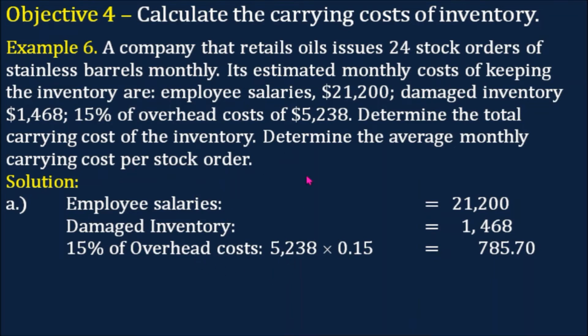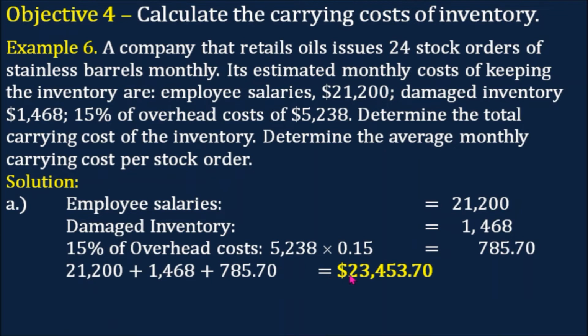Overhead cost here is $5,238, so that's 5,238 times 0.15, and that is equal to 785.70. Then adding these amounts up, we have this sum. So our answer here is $23,453.70.